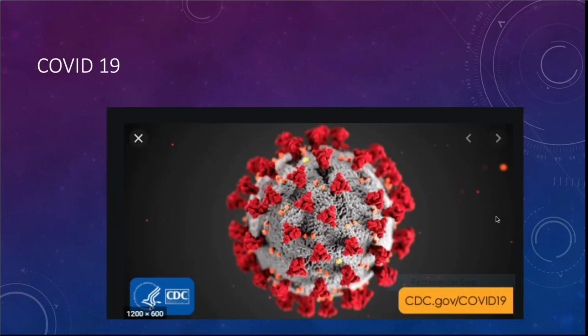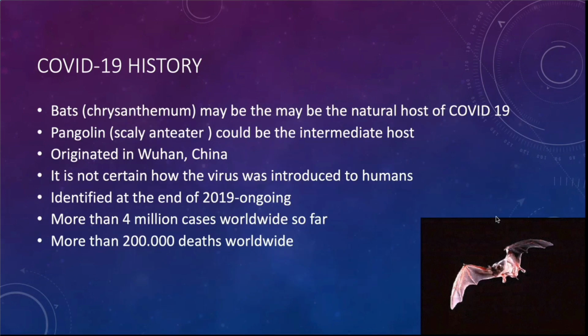Now, let's talk about COVID-19 and the similarities and differences with the Spanish flu. The origins of COVID-19 are also from animals. It is believed that bats, specifically the chrysanthemum species, may be the natural host of COVID-19.